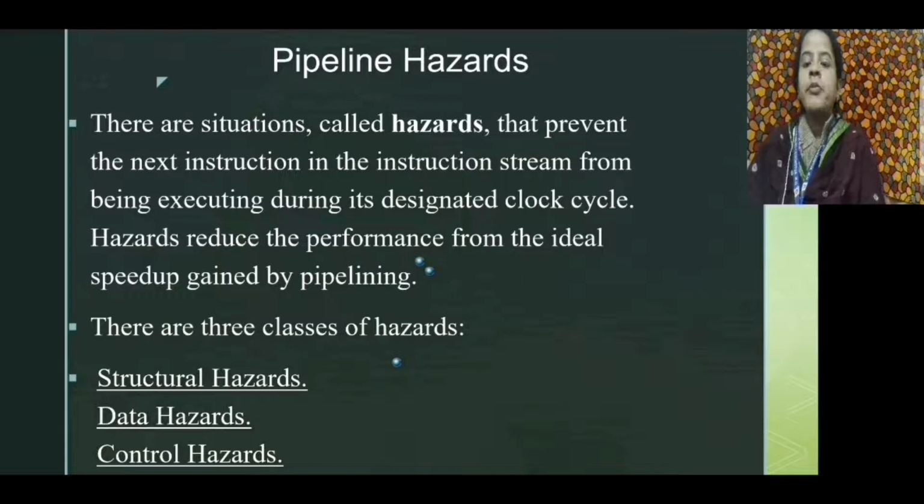Okay. In general, pipelining hazards appear in different ways, and they are normally categorized into three types. The first one is the structural hazard. So what is a structural hazard? Structural hazards arise from resource conflicts when the hardware cannot support all possible combinations of instructions in simultaneously overlapped execution.